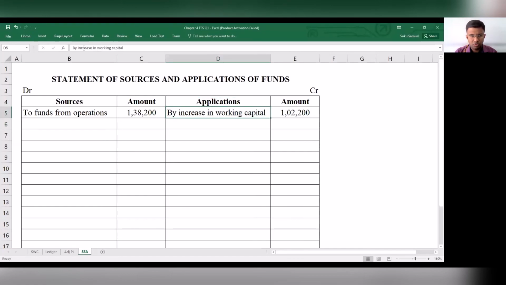Just to let you know, "by" and "to" are actually not mandatory here because it is just a statement. It is not a ledger account. So just put that correction.